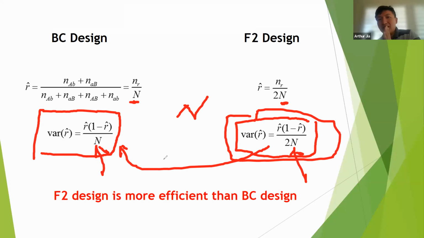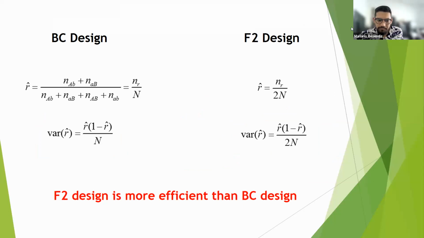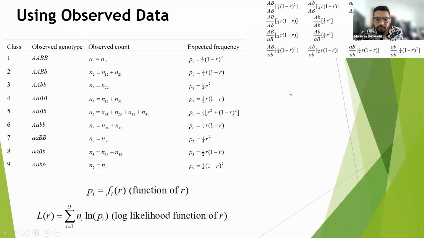This is because the F2 design generates a progeny pool with larger variability, and this larger variability in the test sample gives you more resolution, or statistical power, for your testing. Is that clear? Yes. Okay, very good.